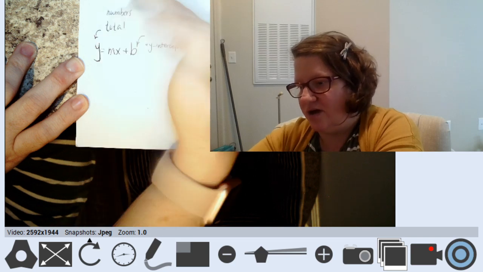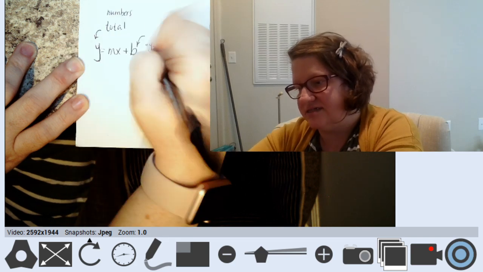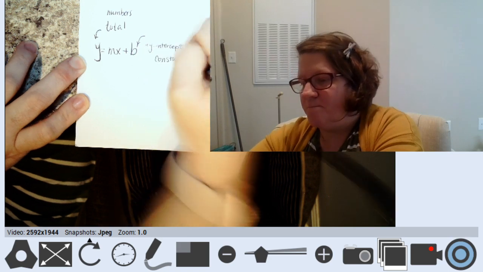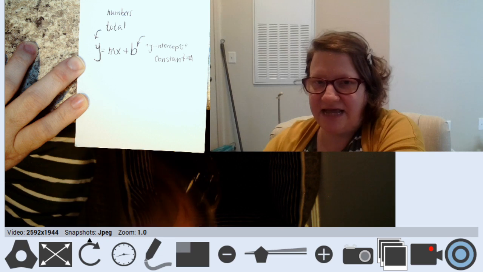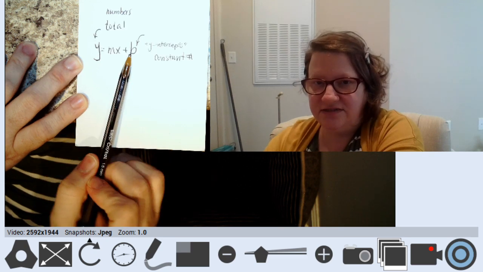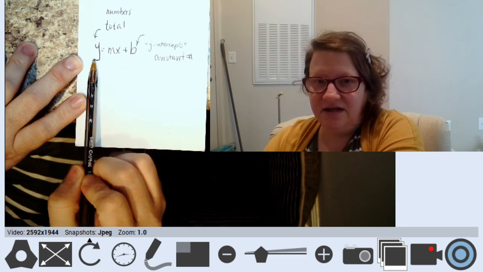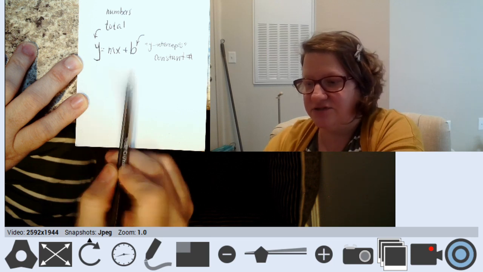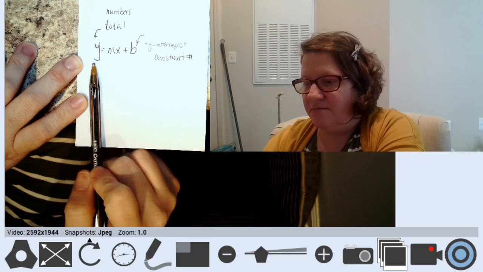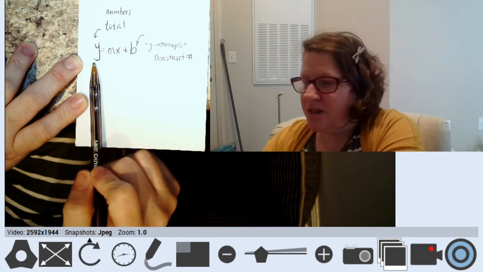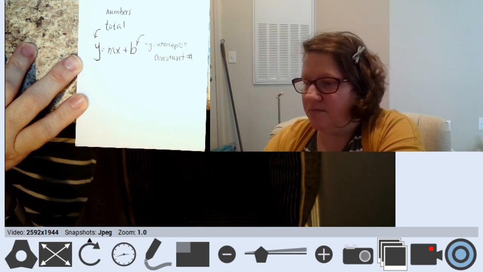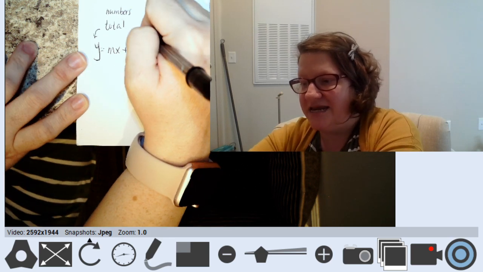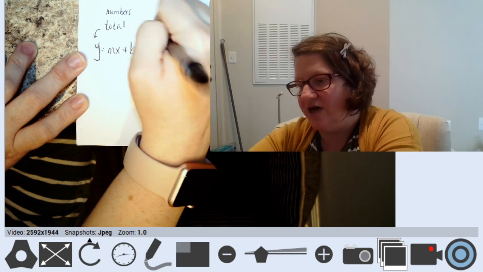Some people would call this one, certainly, a constant number. They're always going to be the same units. If this is dollars, this will be dollars. If this is pesos, it would be pesos. Things like that. In this case, it's always going to be what we would call our initial or starting value.